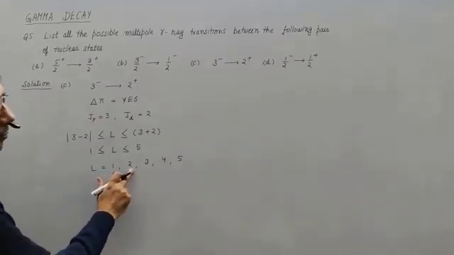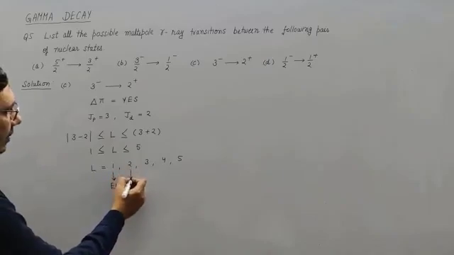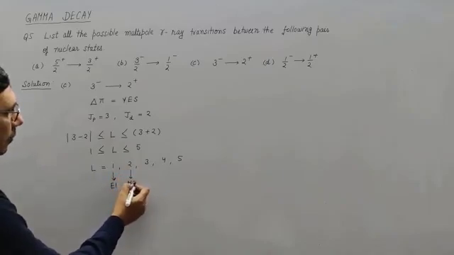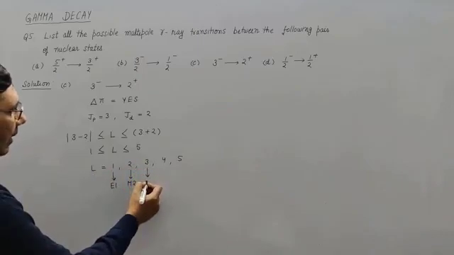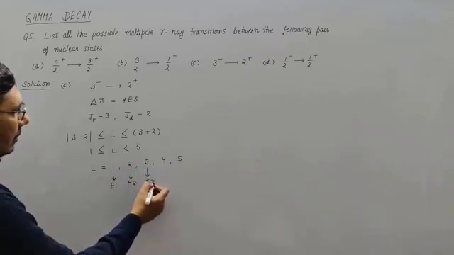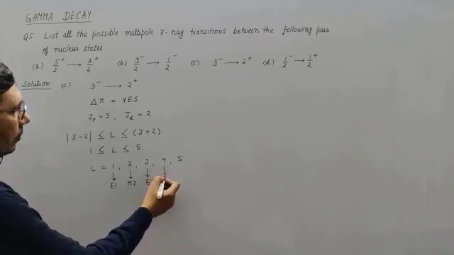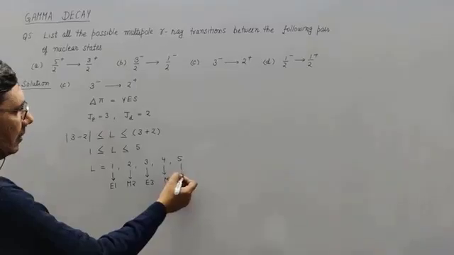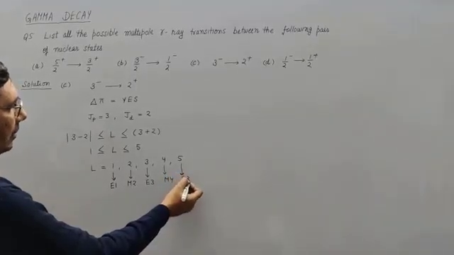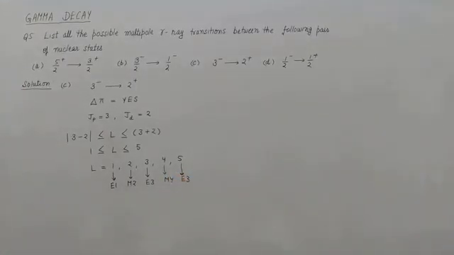Now L equal to 2 corresponding to change in parity, this will be M2. Now L equal to 3 corresponding to change in parity, this will be E3. L equal to 4 will be M4 and L equal to 5 will be E5. So these are the types of possible multipole transitions in case 3.